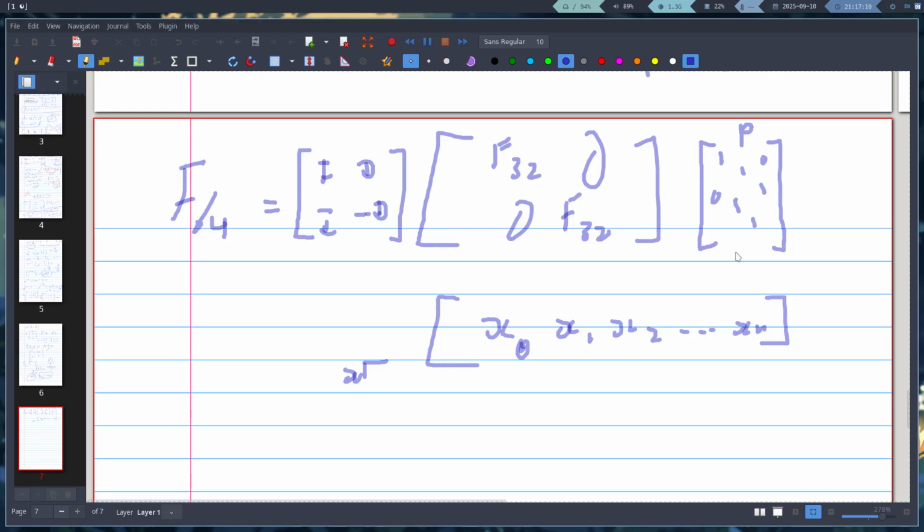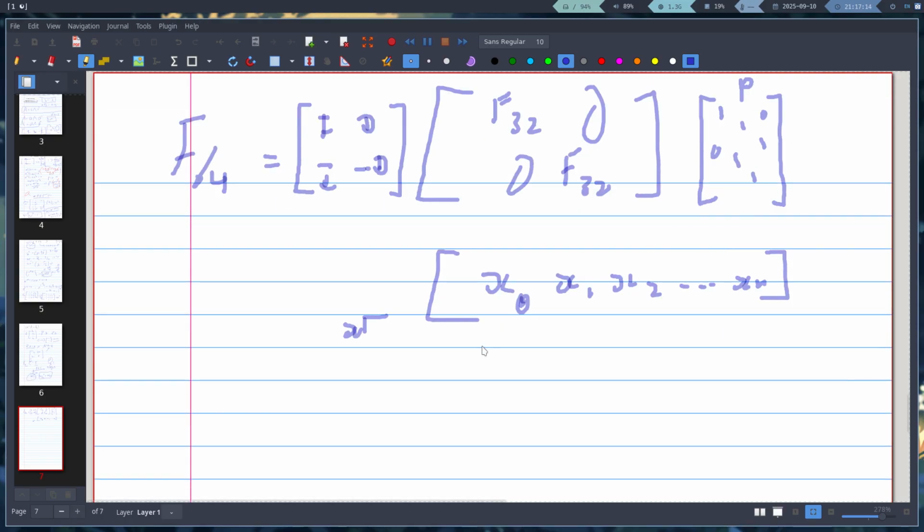What this permutation matrix is defined to do is take all of the even indices and put them first. So say we started with this x transpose, the result of this permutation matrix is going to take this even value and put it here. It's going to take this even value and put it here. It's taking all the even values and lining them up right next to each other.